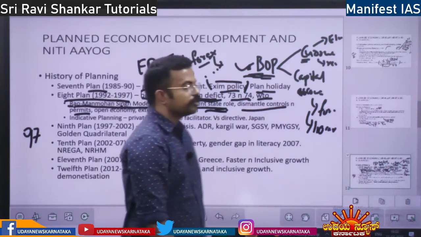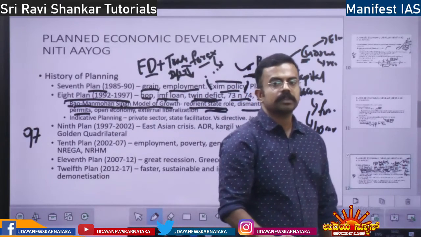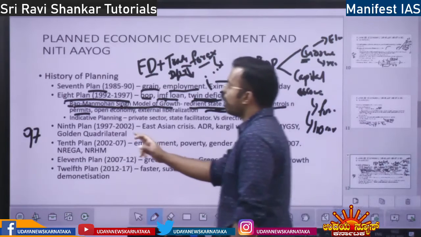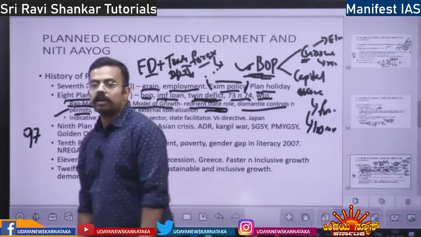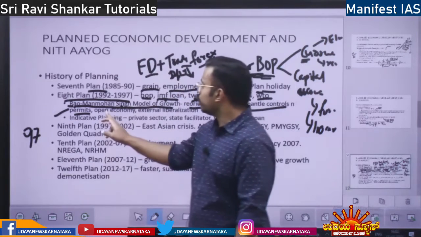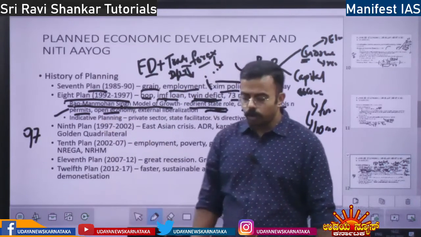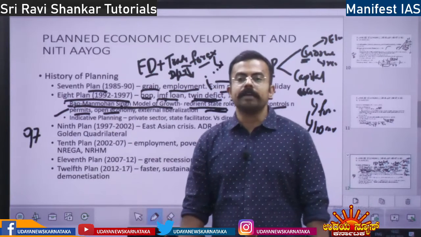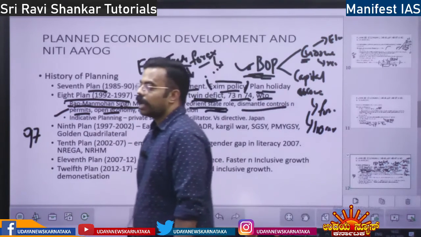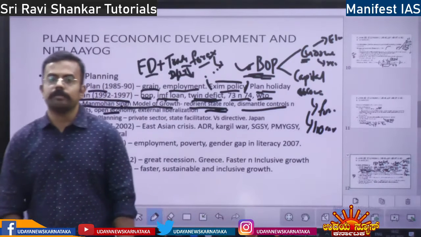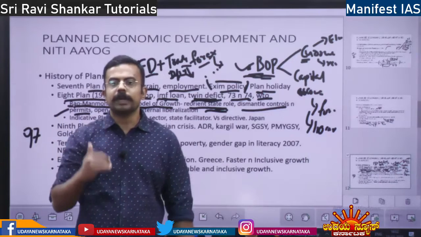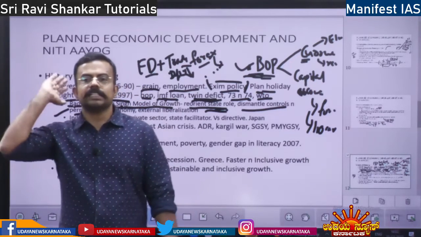Permits. If you want to start a small industry, incense stick or matchbox industry, you have to take a lot of permits from the government. That is changed. And open economy. Open economy means the private sector was allowed to invest. Earlier it was a closed economy. Closed economy, open economy, there are two things: one with respect to the internal sector, another external.